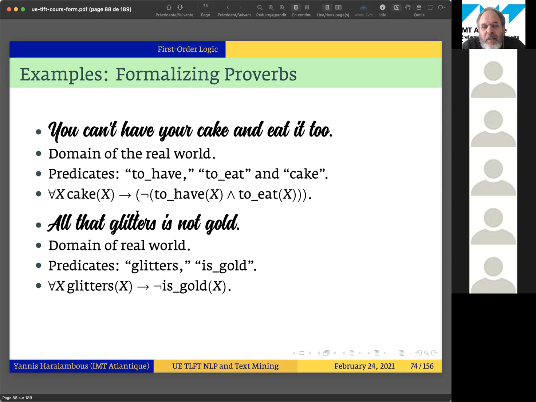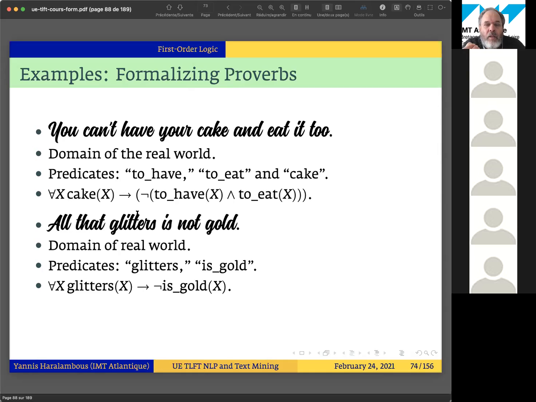But here you see an example of the ambiguity in natural language. What this formula says is whatever glitters is necessarily not gold, which is false in the real world because gold does glitter.